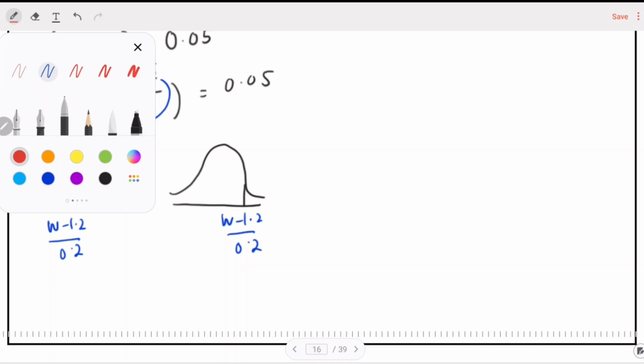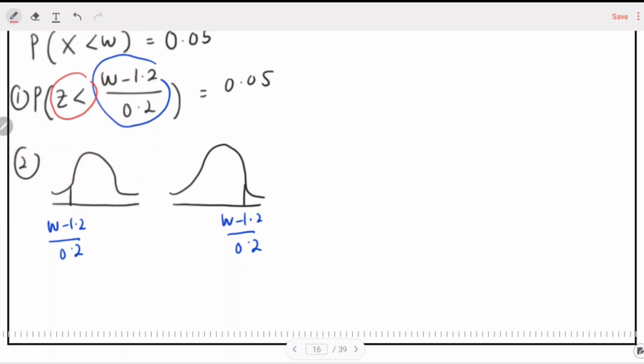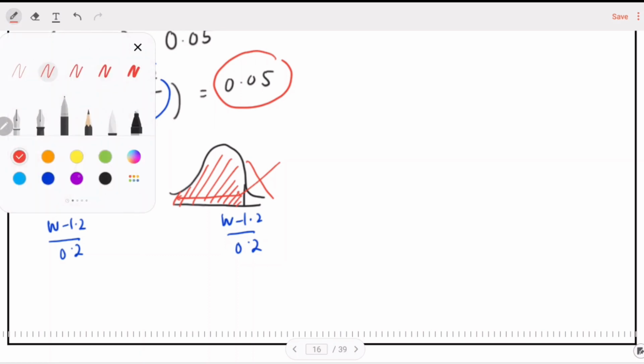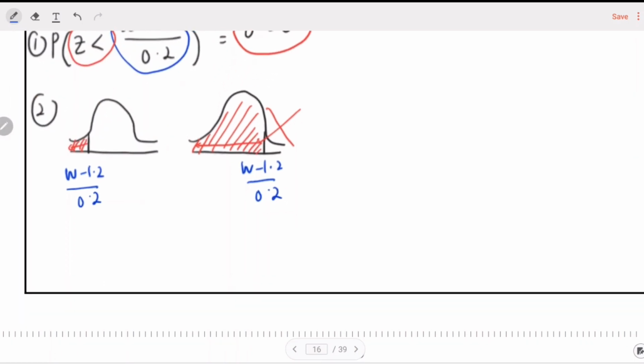So the shaded region is for Z less than, which means to the left. Next, we check the shaded region, the probability that tallies with the shaded region. 0.05 is a very small probability. So this one is incorrect. So the correct bell shape shows that our Z is actually negative. It lies on the negative side.